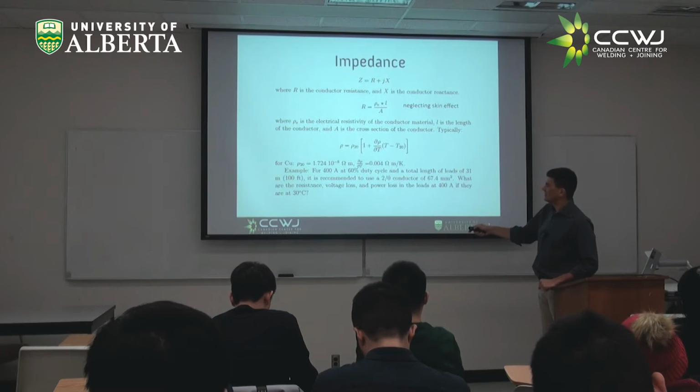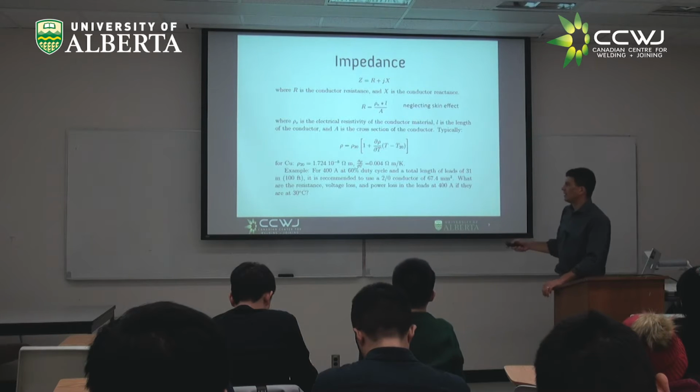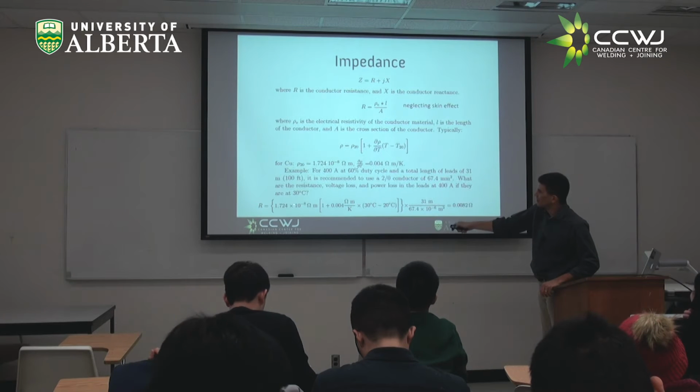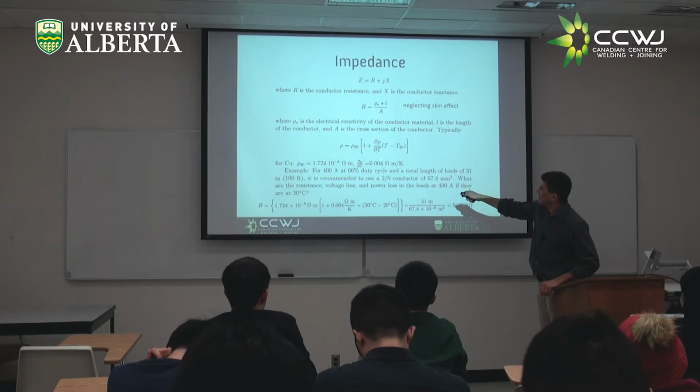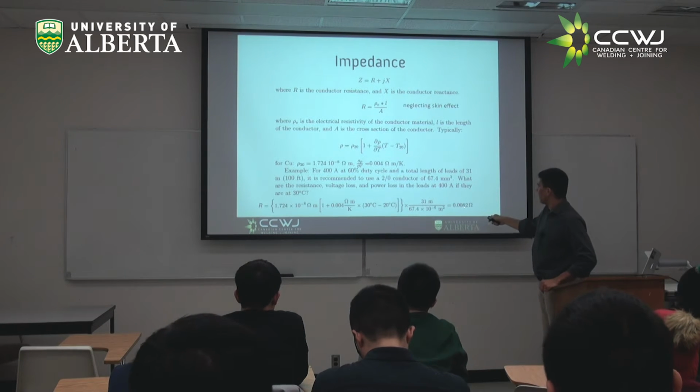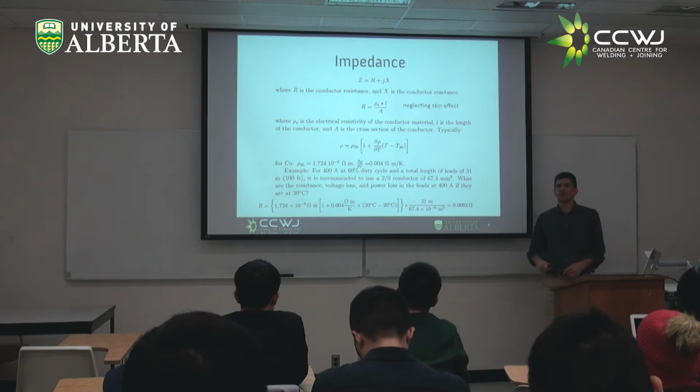So what is the resistance, voltage loss, and power loss in these leads if they are running at 30 C? Okay, so rho at 20 is 1.724. It's there. The 1 plus this variation with temperature, and it gives me 8.2 milliohms.